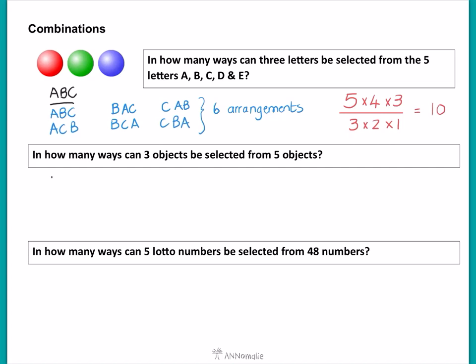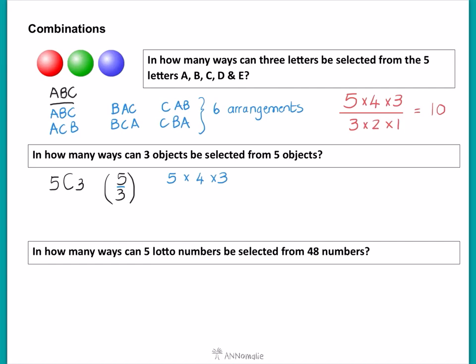So now how many ways can 3 objects be selected from 5? We write this as 5, choose 3. So order does not matter. This last notation is widely used in mathematics. What does it mean? We want to choose 3 objects. So we start from 5 for the first position, 4 times by 3.